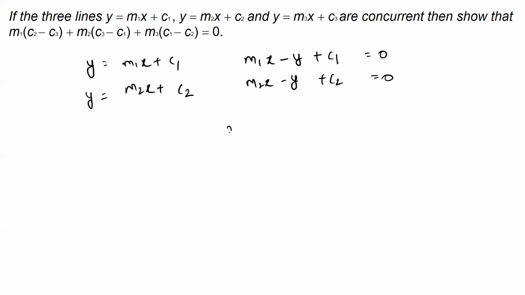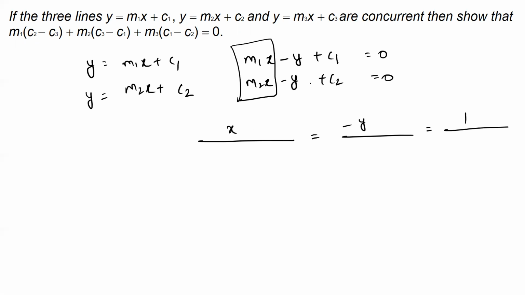So we know that by cross multiplication we get something like x/( ) = -y/( ) = 1/( ). For finding what goes in here, we first forget about this thing and then cross multiply this into this minus this into this. So -1 times c2 gives me -c2, and -1 times c1 gives me -c1.